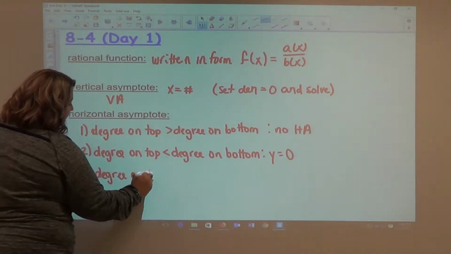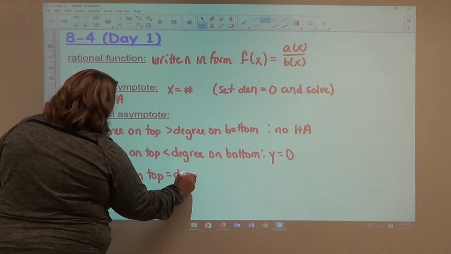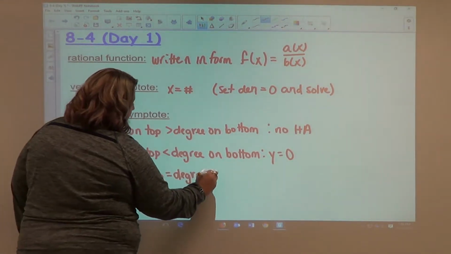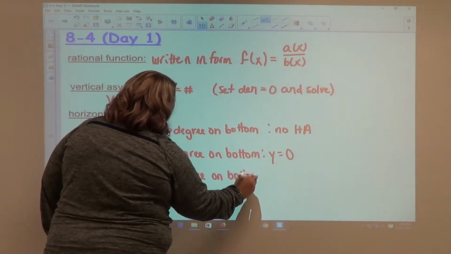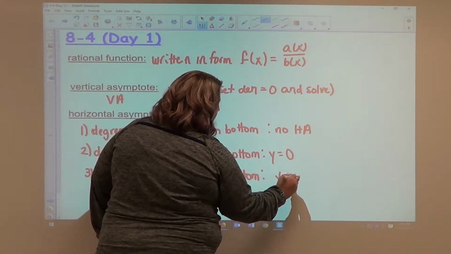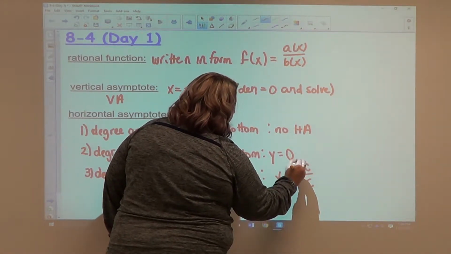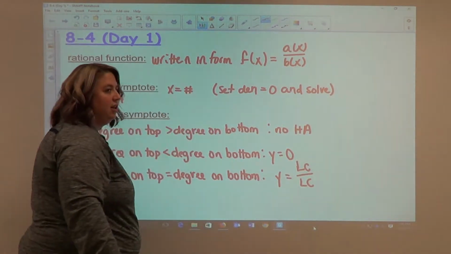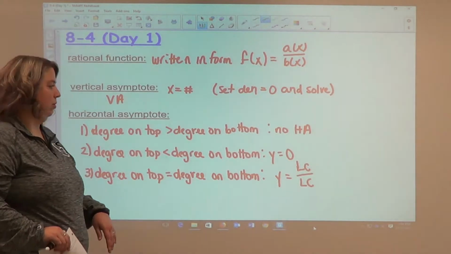So the degree on top is equal to the degree on bottom. Well, if that's the case, then you take your leading coefficients and you divide them. Leading coefficients, numbers in front of your variable with the highest exponent.